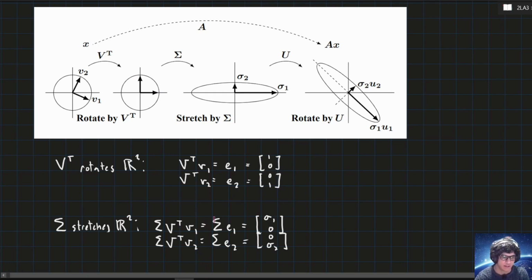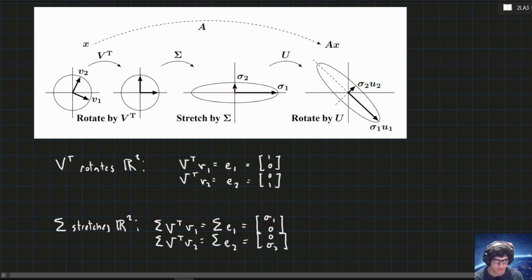Okay, and now we're going to do the action of sigma. Sigma is a diagonal matrix, and it has sigma 1 and sigma 2 on its diagonals. So when we compute the effect on E1 and E2, these are the vectors we're tracking now. Sigma times E1 becomes sigma 1, 0.